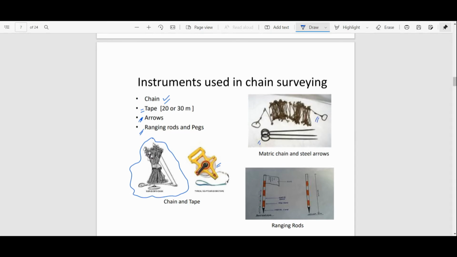You can see that this arrow has a round shape at the head and a sharp edge at the bottom, and these are ranging rods. So these are the basic instruments that we have to use during a chain survey. It is very easy: we just select the points, align the points in a straight line, and then measure the distance with the help of the chain.